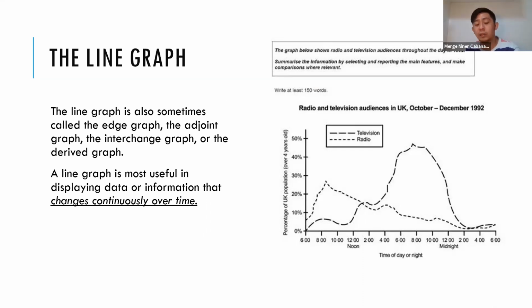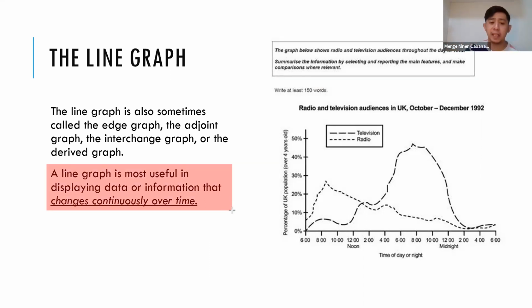And why are we going to expect a line graph to come out on my test? Because a line graph is most useful when we are displaying data that changes continuously over time. Okay, so when it comes to displaying data sets, there is no better way to compare the information.